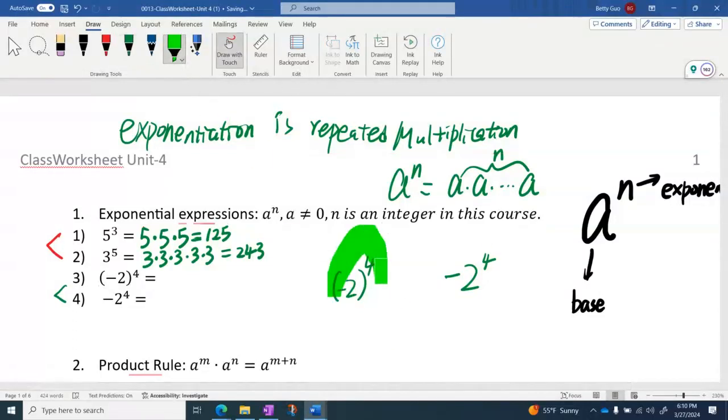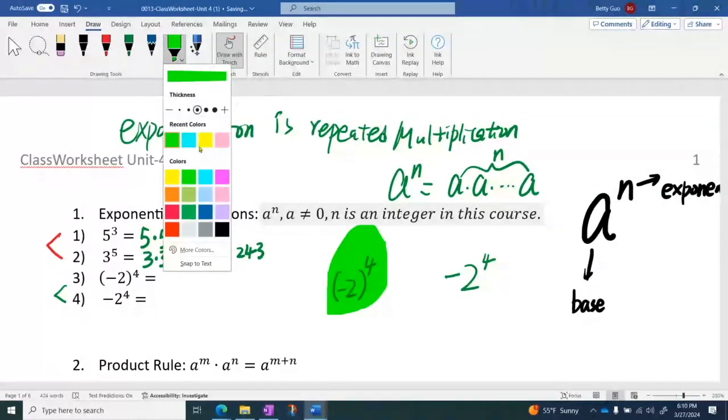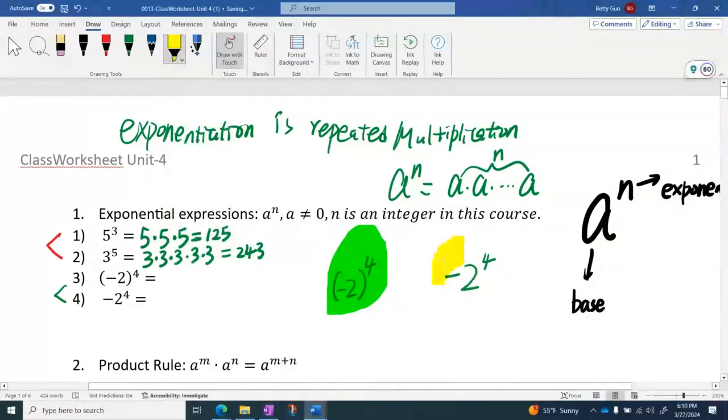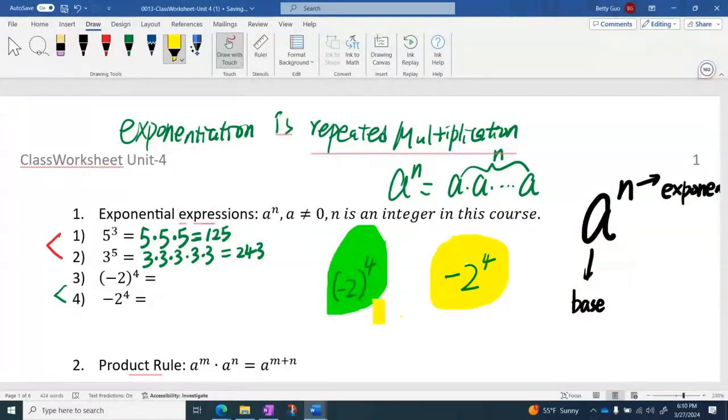Let me highlight this one as green. Let me highlight the other one as yellow. Are they the same? The green one has a parenthesis. The parenthesis is framing -2, and the number 4 is on the shoulder of the parenthesis.